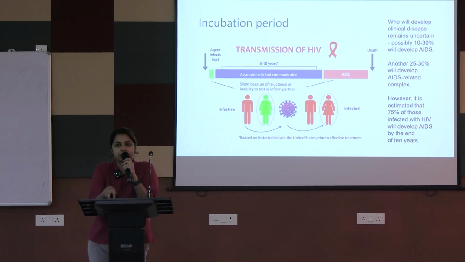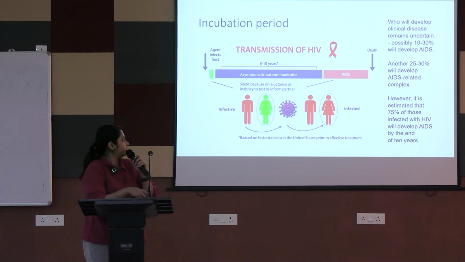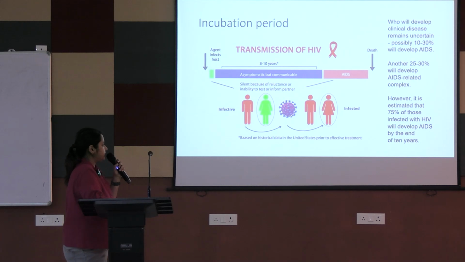During this period, you are prone to contracting many opportunistic infections, from Pseudomonas to Kaposi sarcoma, etc. So many diseases are there which we will see in the later slides. That, together with AIDS, is called the AIDS related complex. However, it is estimated that 75% of those infected with HIV will develop AIDS at the end of 10 years.